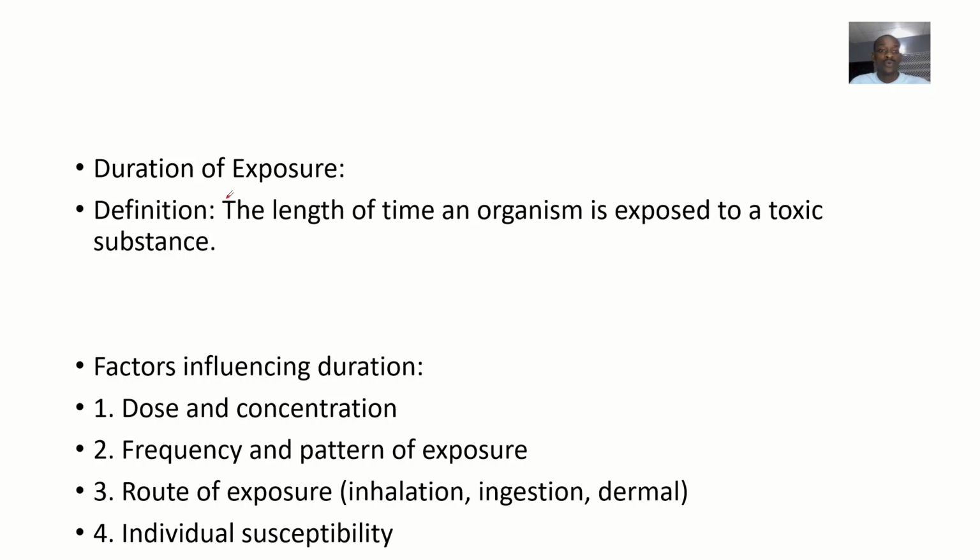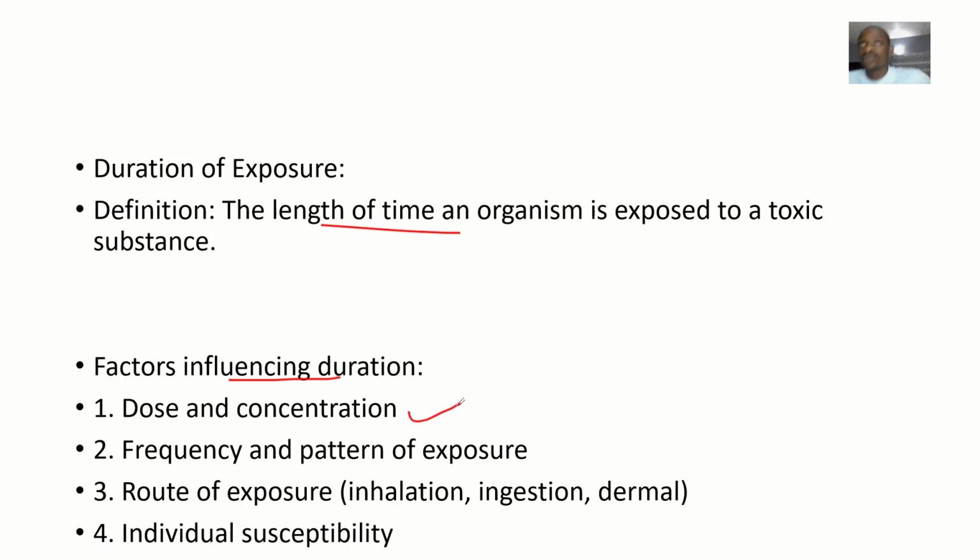All right. So what is the duration of exposure? It is the length of time an organism is exposed to a toxic substance. How long you are exposed to the toxin will determine the effect of that thing on you. Do you understand? So what are the factors influencing duration? Dose and concentration.